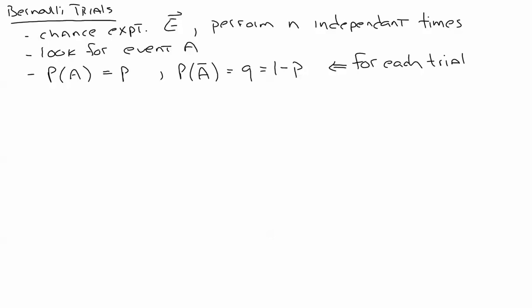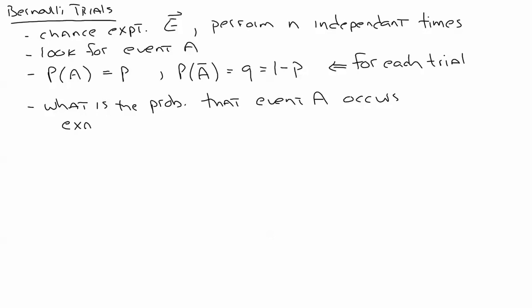All right? And what we're going to do first is we're going to ask the following question. What is the probability that event A occurs exactly k times in n trials?